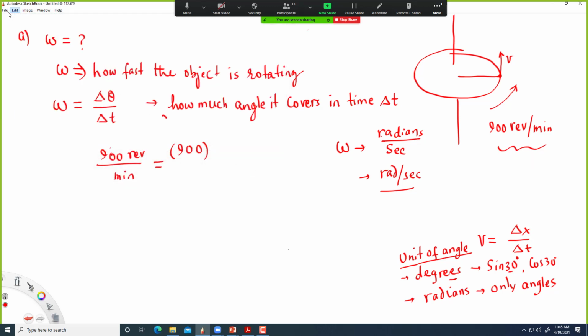Think about it. When you make one complete revolution, what's the angle in radians you cover? Starting from this point, rotate, and come back to the same point. Two pi, right? 2 pi radians. In one complete revolution, you cover 2 pi radians.